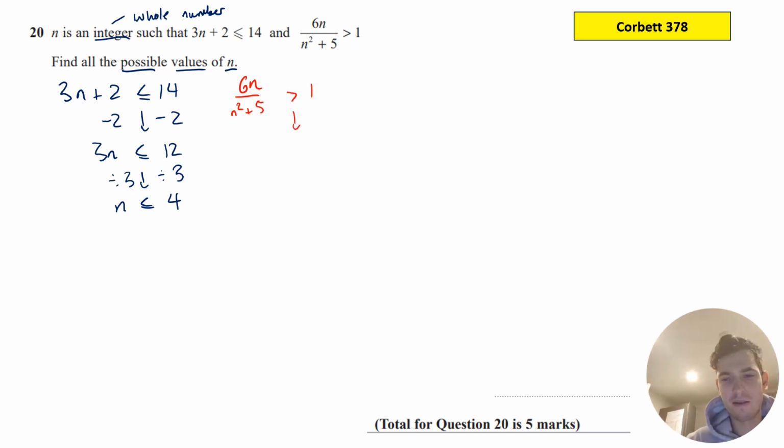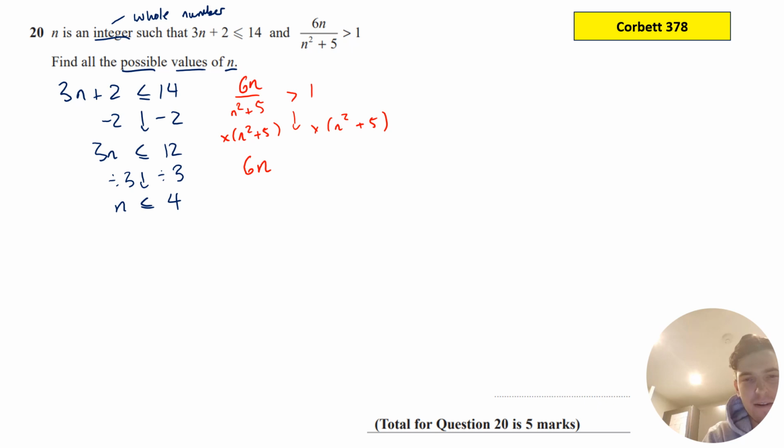Now, whenever I've got something in the denominator, I need to multiply by that denominator. So I'm going to multiply by n squared plus 5 on both sides. So on the left-hand side, I've just got 6n. And 1 multiplied by n squared plus 5 is just n squared plus 5.